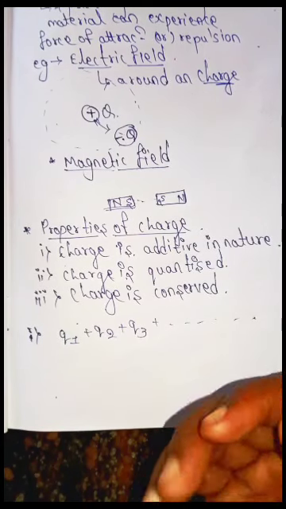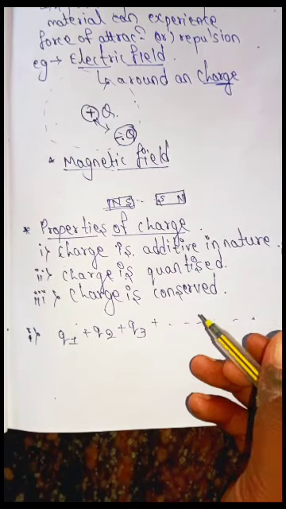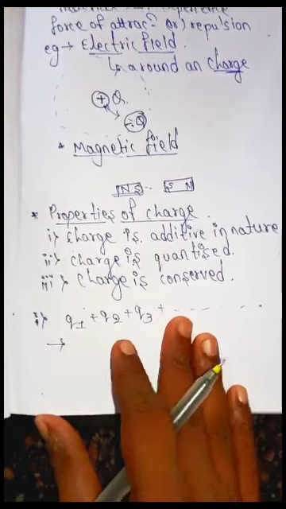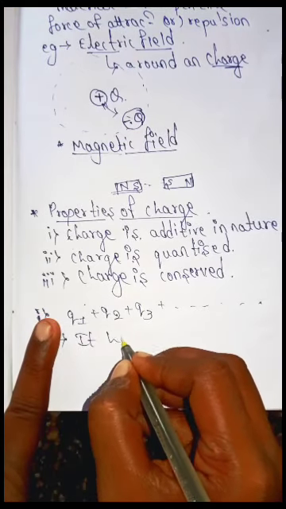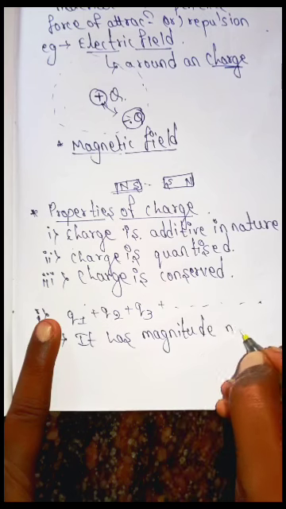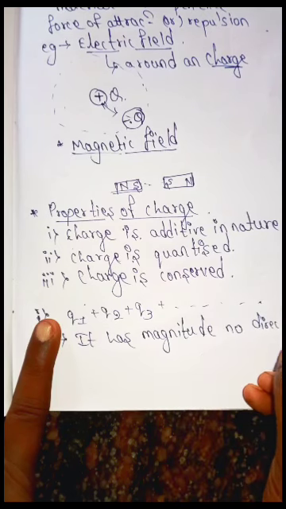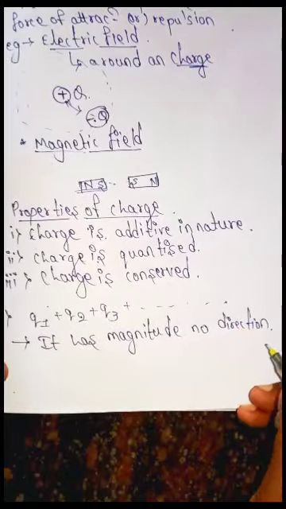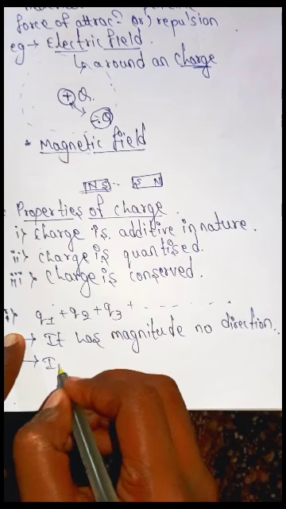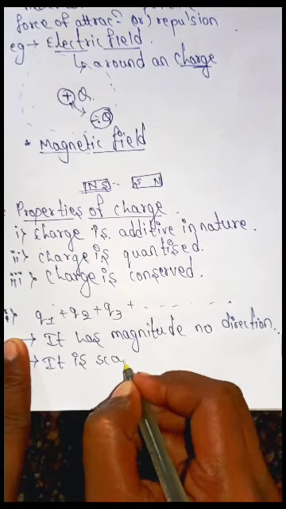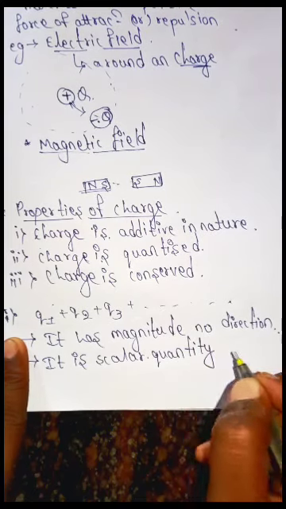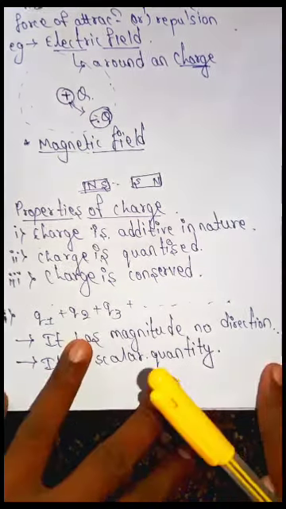They are additive, right? So charge will have only magnitude, no direction, right? It is a scalar quantity.